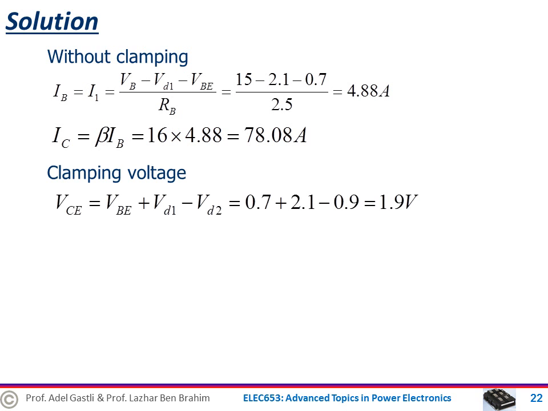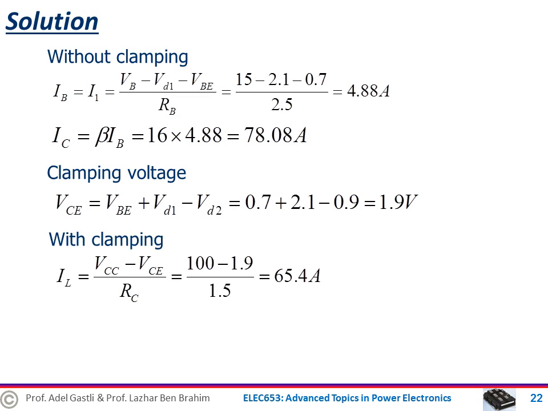However, because of the clamping circuit, the collector emitter voltage will be higher than its saturation voltage and will be equal to 1.9 volts as calculated here. The load current can be calculated using this equation, which gives IL equal 65.4 amps.